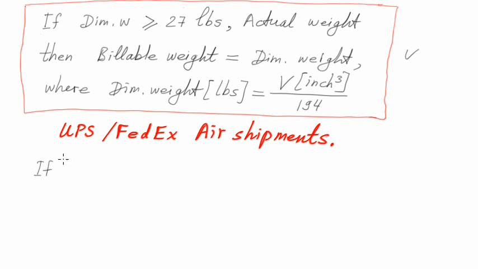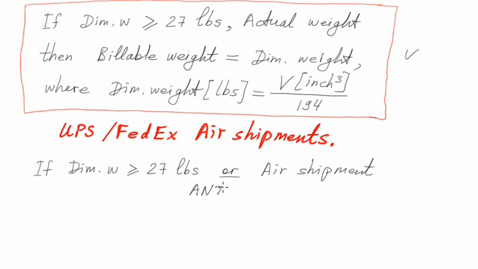If dimensional weight is more or equal to 27 pounds, or we have air shipment, so now only one of these conditions has to be true, and dimensional weight is more or equal to the actual weight.